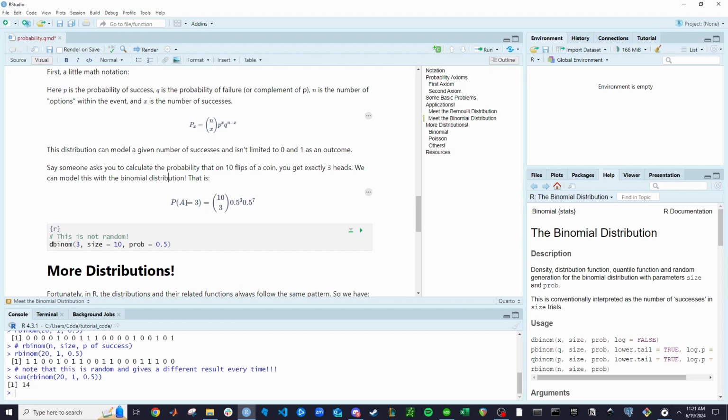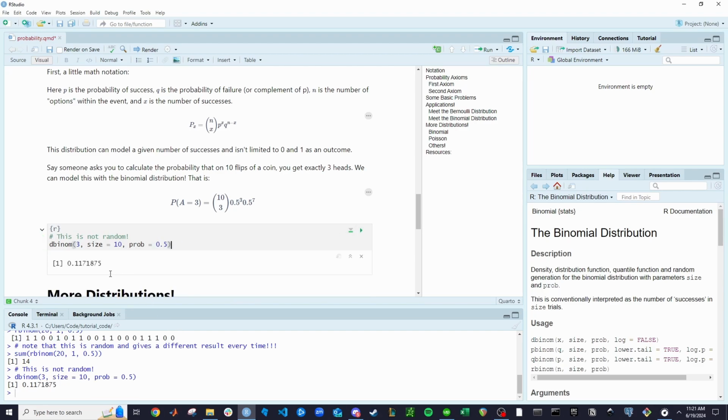So just the probability that X equals 3, so we get 3 heads. So we use this dbinom here, and this calculates what we call a density. So it's just the density at this number, and we have 10 trials and a probability of 0.5. We can run this, and we see that it's 0.11.